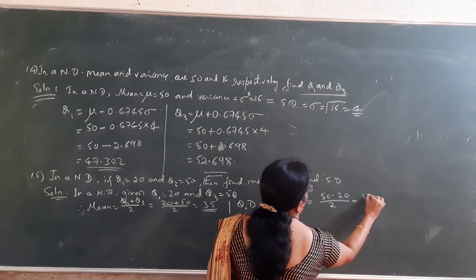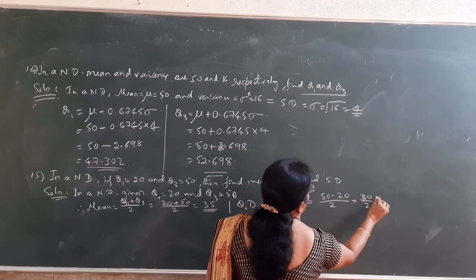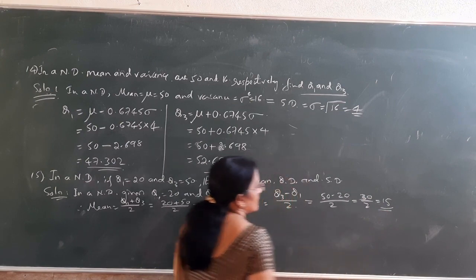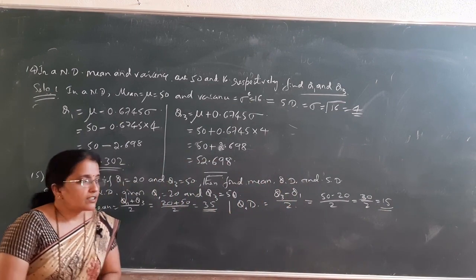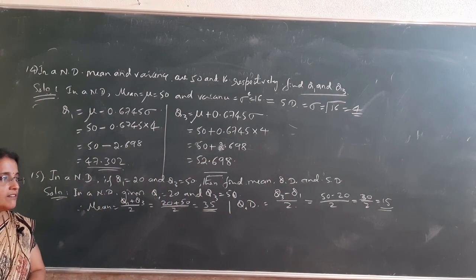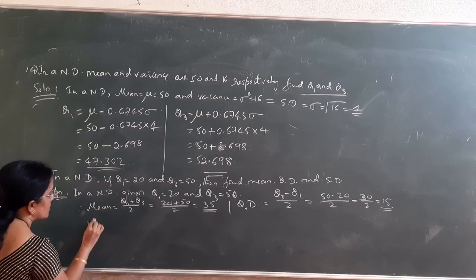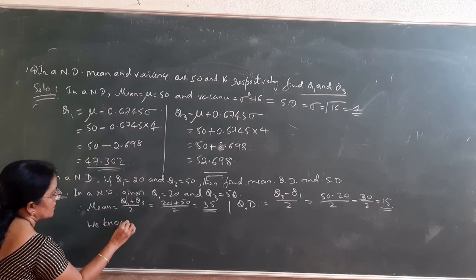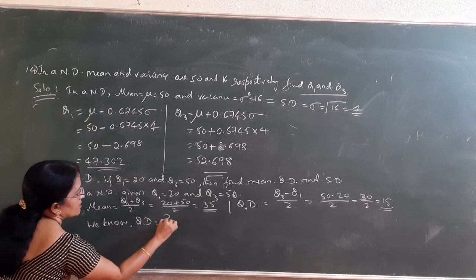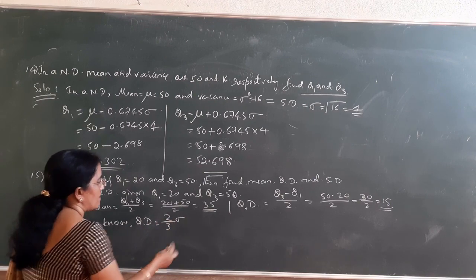This is 30 divided by 2, which is equal to 15. It is very easy, right? Next we can find standard deviation. How to find standard deviation? We know quartile deviation is equal to 2 by 3 sigma.